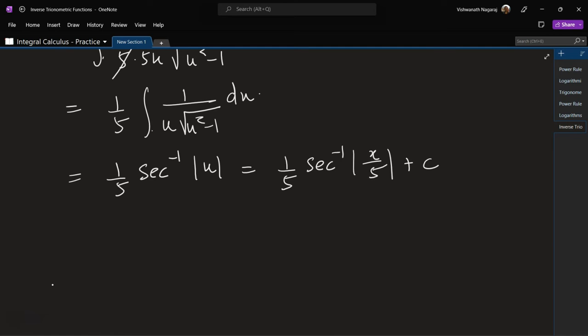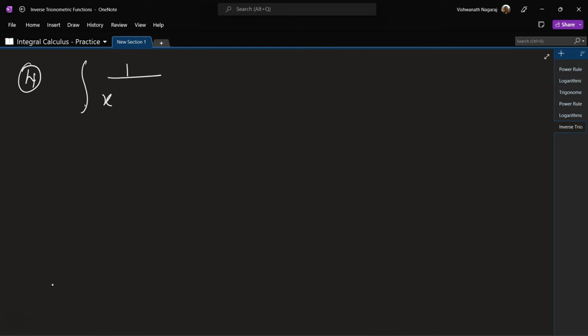Now fourth one, integral of 1 by x times square root of x square minus 49 dx. I think you got the idea now. So this is also sec inverse form. So let's see whether we can simplify this to that form which we want. So 1 by, we want to take out 49.